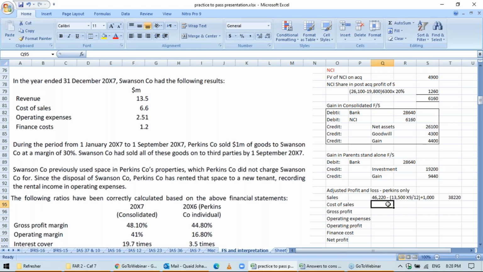Same with the cost of sales. The consolidated cost of sales was 23,980. So you will deduct the 9 months cost of sales. The subsidiary company's cost of sales is 6,600. Multiply this by 9, divide by 12 to obtain the 9 months cost of sales. No, it's 1st September. Yes, okay.